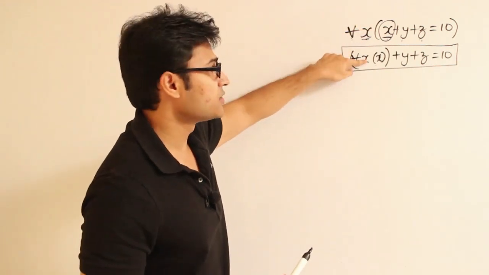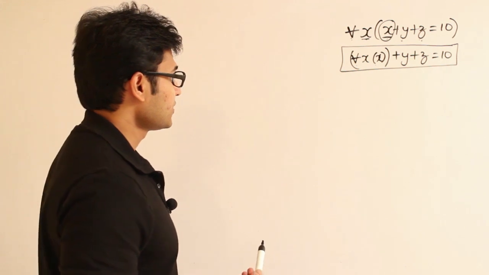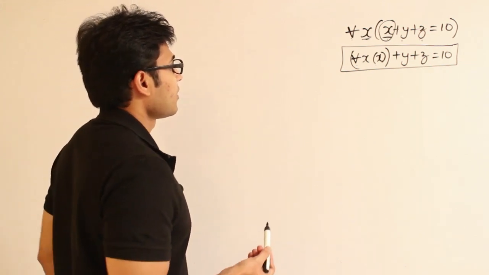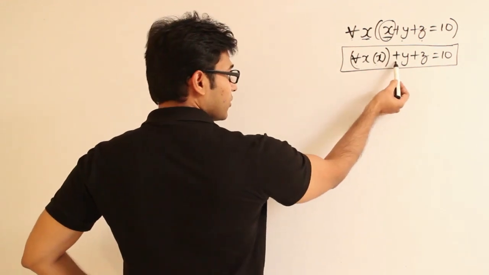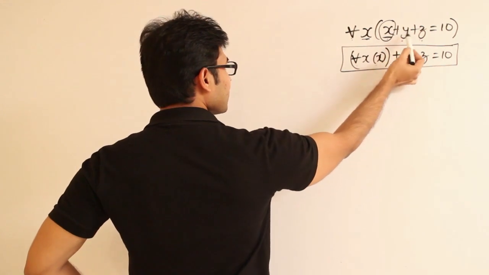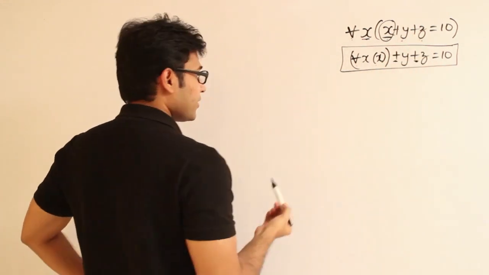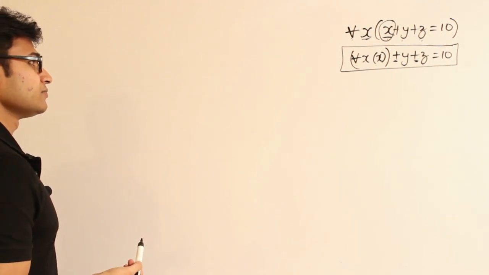Now I have separated this out. Got it? Now let us say we have a statement like this. Here, you have to understand that these are some other logical connectives. Even though I have written plus, you try to substitute it with other connectives like or and and.